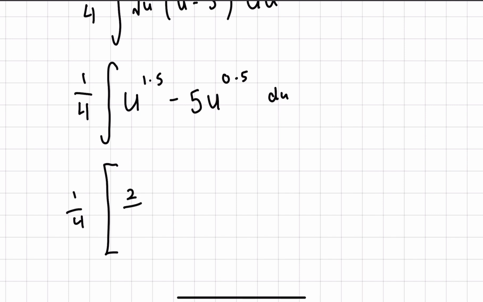So we're going to get 2/5 U to the 2.5 minus, we're doing 5 divided by 1.5. So 5 divided by 1.5 is 5 times 2 over 3. Lovely. So 10/3 U to the 1.5. There we are. We'll have the plus C, don't forget that.